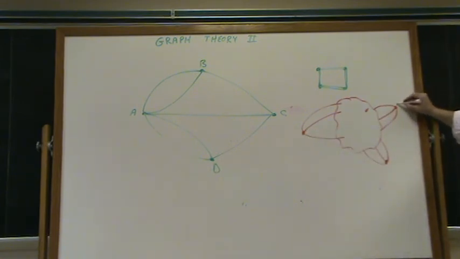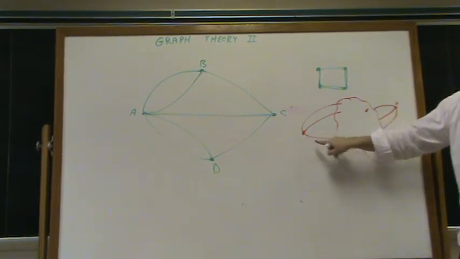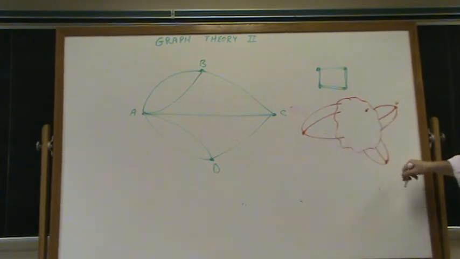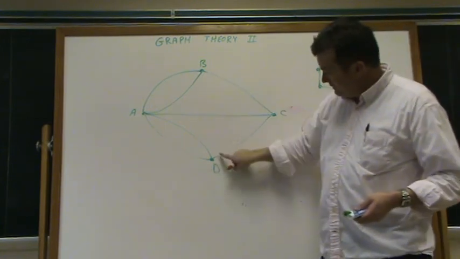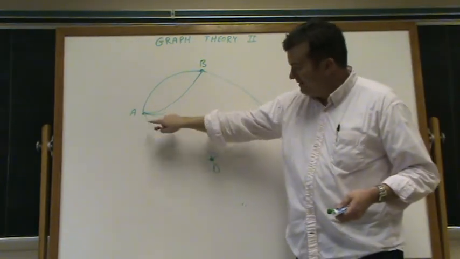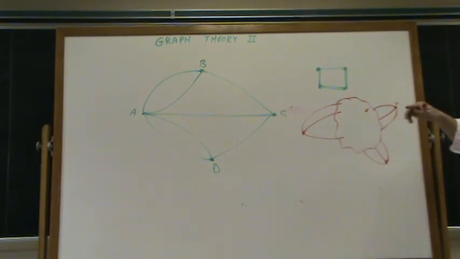So wait, if we start here, we must end here, but then this point's a problem, right? So a graph can have at most 2 points that have odd numbers of edges. If there's more than that, there's no way this can be done. And this graph has, this is 3, this is 3, this is 3, and this is 5. So if you picked one of these points as the start point, the other 3 have to be the end point, and that can't happen.